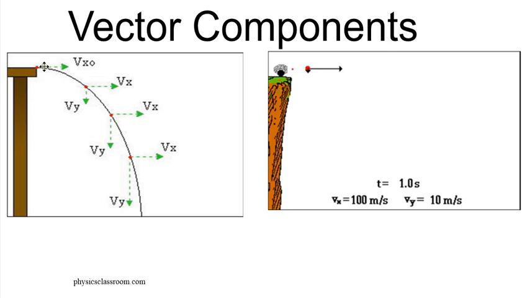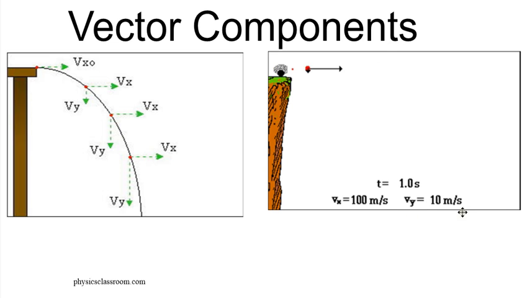But the moment it leaves and becomes a projectile, it begins to accelerate downward, and so it develops a velocity in the y. What you should notice here is the x velocity remains the same throughout, but the y velocity gradually increases over time.